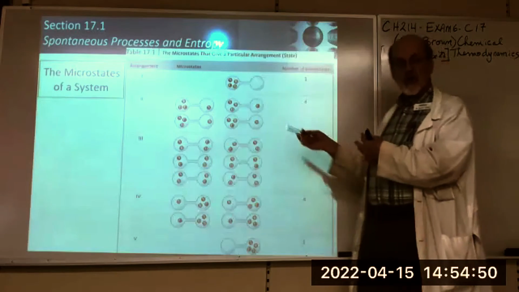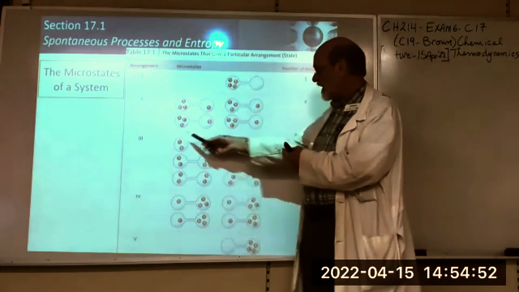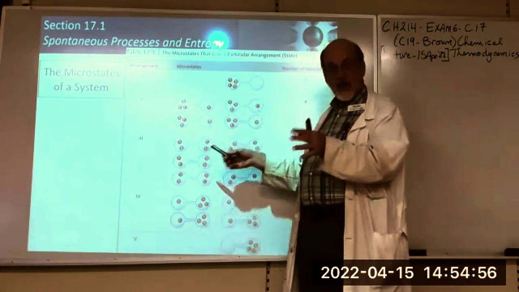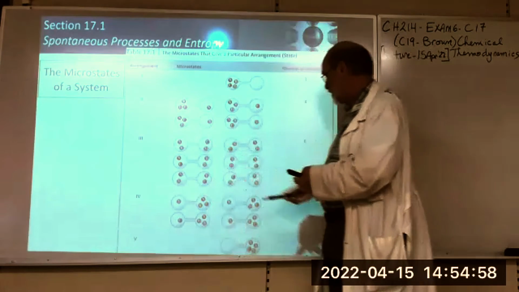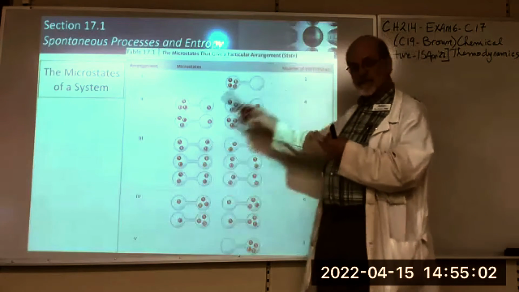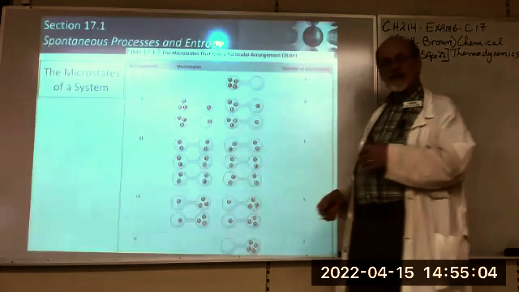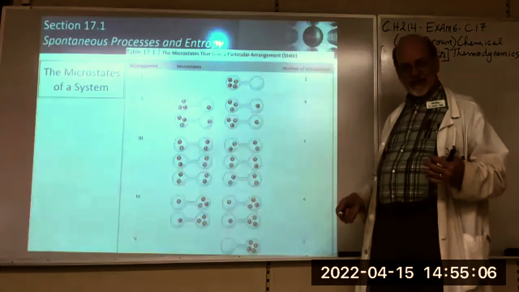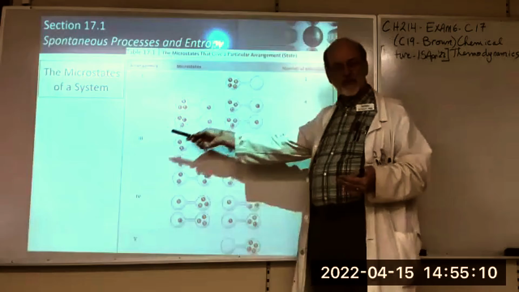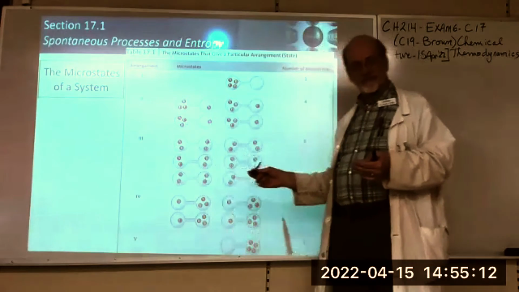But what if we put 2 on either side? Right? You can have an ABCD or an ACBD. All these combinations give you 6 possible outcomes with these 4 molecules. So the most probable state is going to be this one, where you have 2 on this side and 2 on that side.